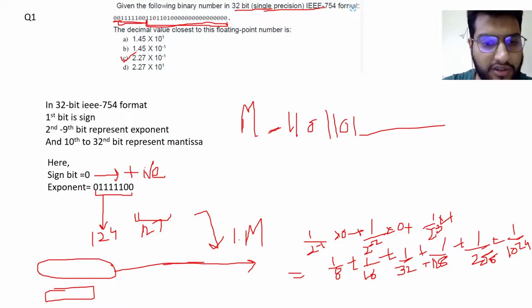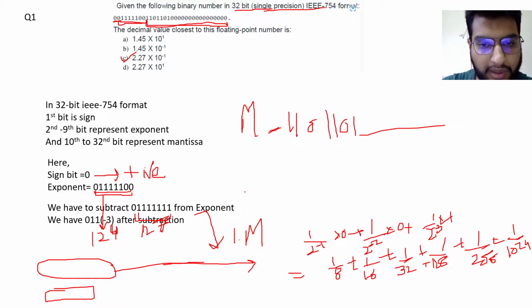Here the sign bit is 0, so the number is positive, and the exponent is 01111100. If you convert it into decimal, it comes out to be 124. So from this 124, we subtract 127, and it comes out to be minus 3.